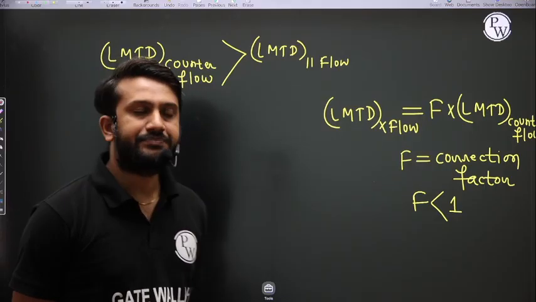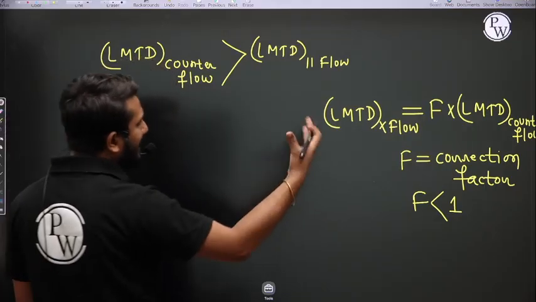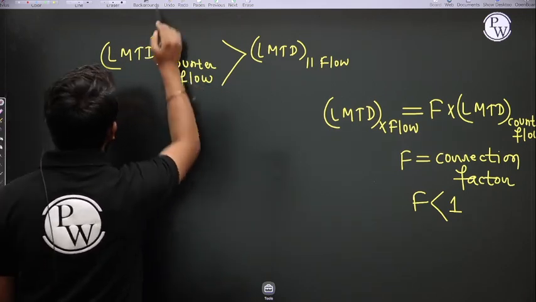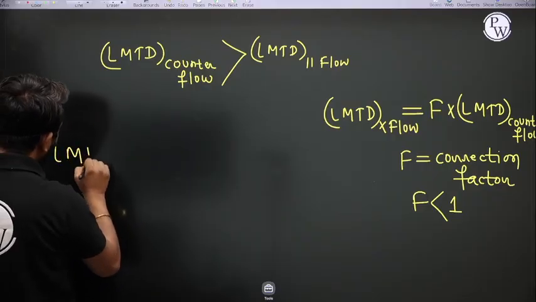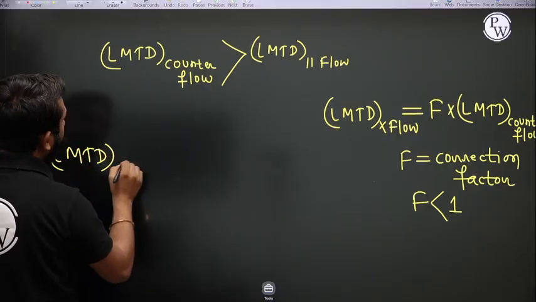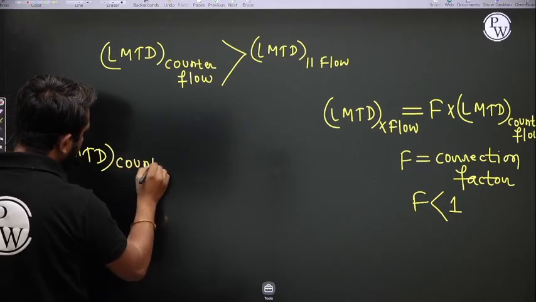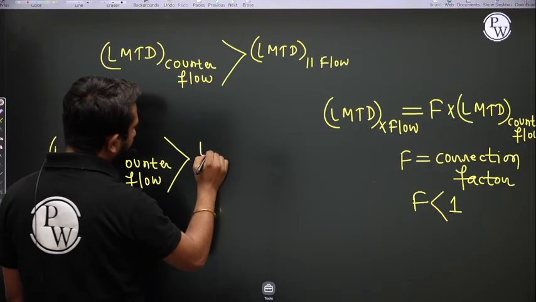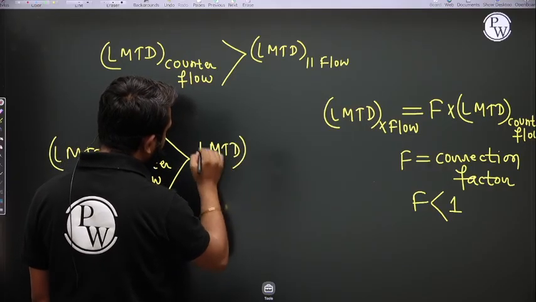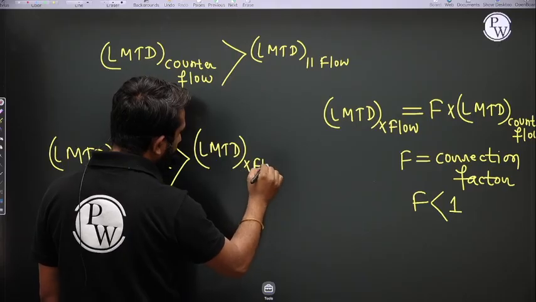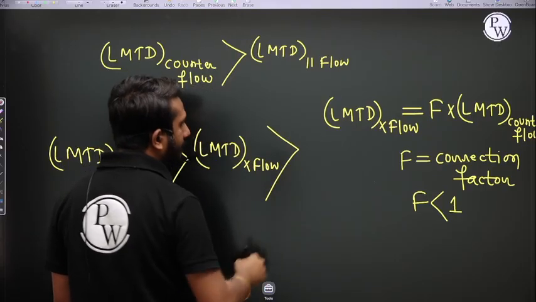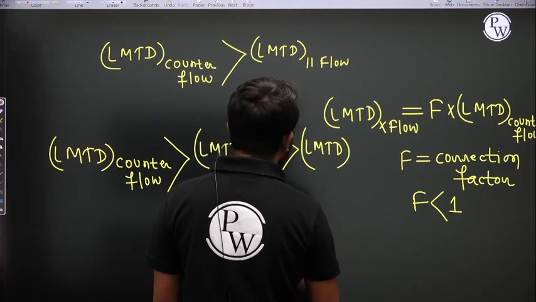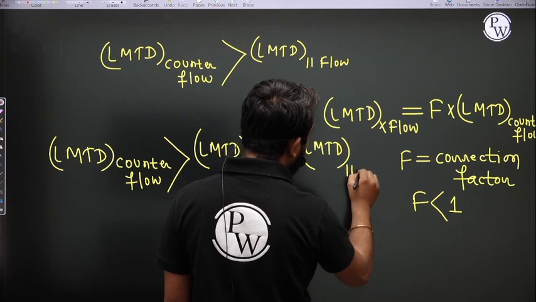Is it clear? So if you consider the cross flow heat exchanger also, this relation is there: LMTD of counter flow, then LMTD of cross flow, then LMTD of parallel flow.